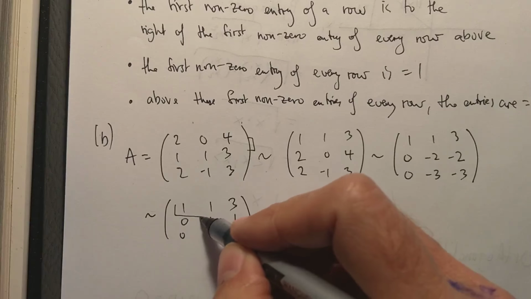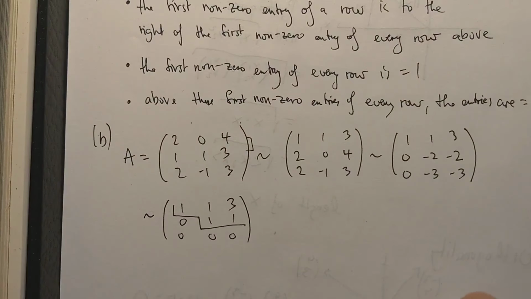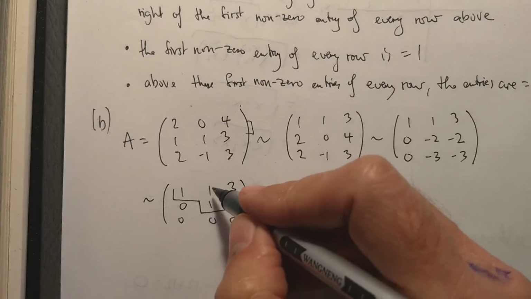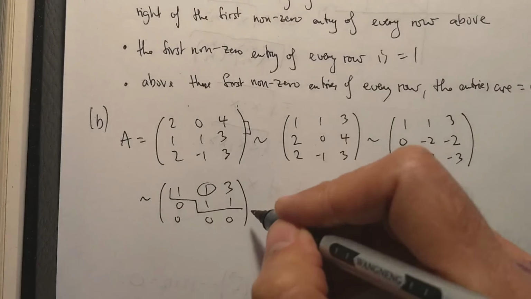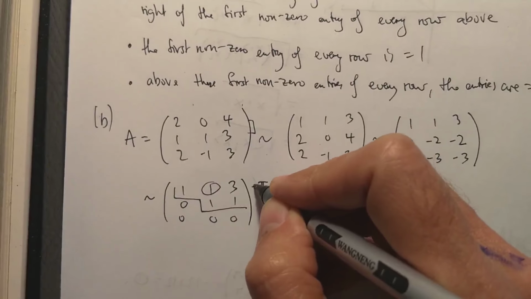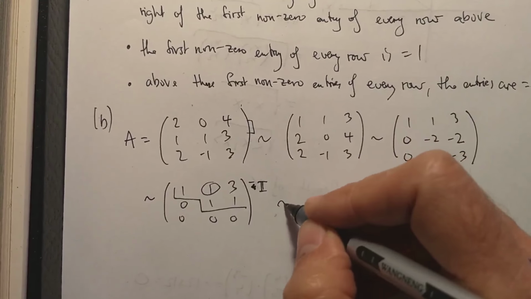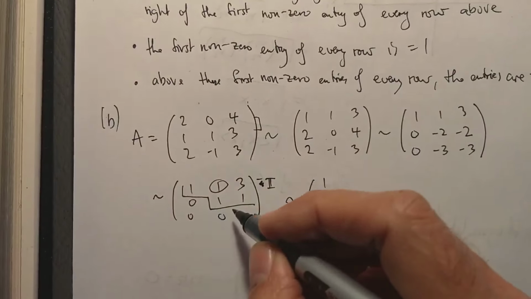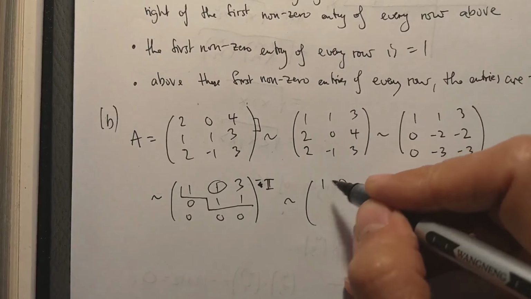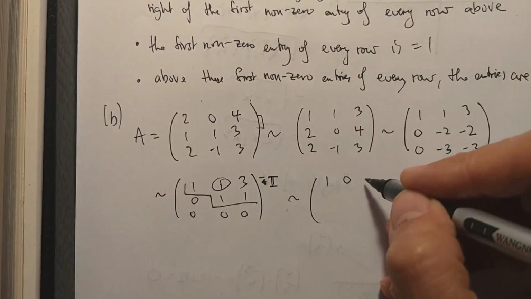We've got the echelon shape going, so we're already in row echelon form. We still have to get rid of that 1 there, so we do that by subtracting the second row from the first. So 1 minus 0 is 1, 1 minus 1 is 0, 3 minus 1 is 2.